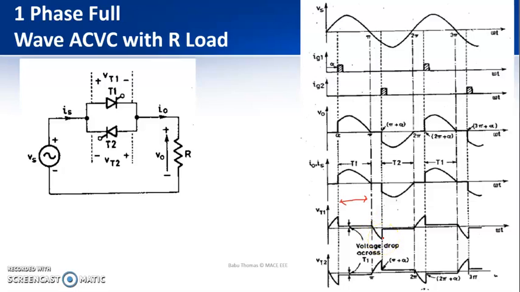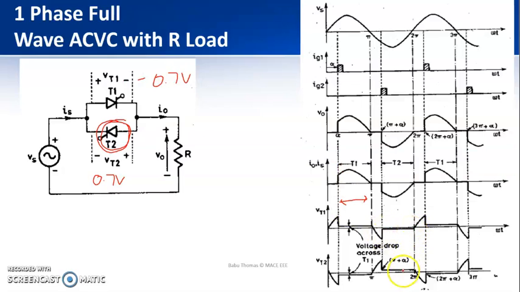After that, you just need to observe here. From pi plus alpha to 2 pi, thyristor T2 is conducting. That means there will be a voltage drop across thyristor T2 during the conducting state. Let's say it is 0.7 volt. So this 0.7 volt will appear across thyristor T1 as minus 0.7 volt. That is why this is drawn on the negative side with respect to the reference line.